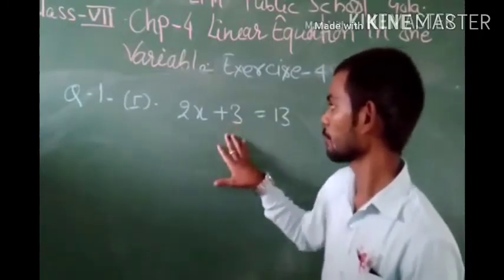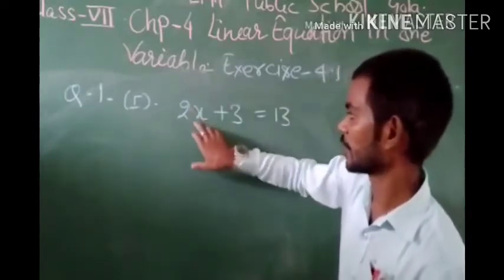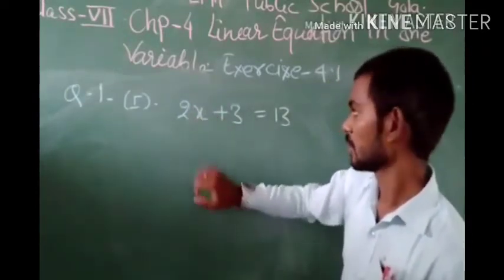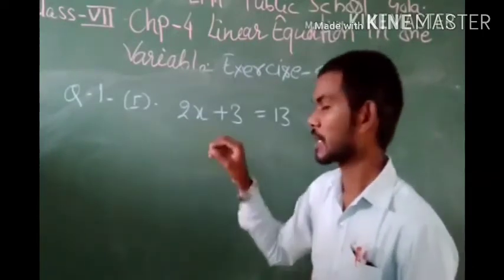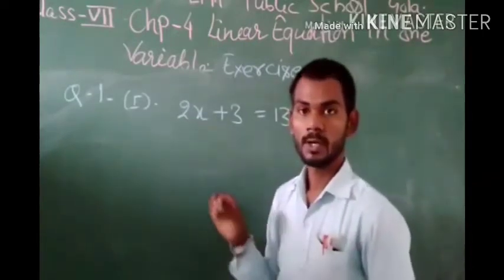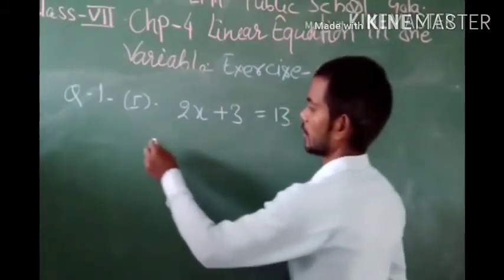Here we have to isolate, we have to separate this variable. That means this variable should not contain any numeral value with it. For this, let us solve this.